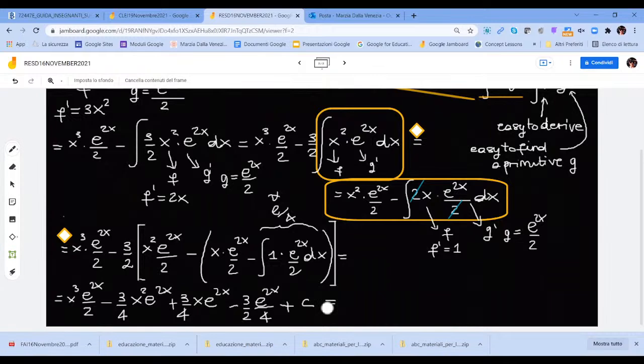We can rewrite maybe, as you see, we have x cubed, x squared, x and x to the 0, so as 1. We can rewrite everything multiplied by e to the power of 2x because it is easier.